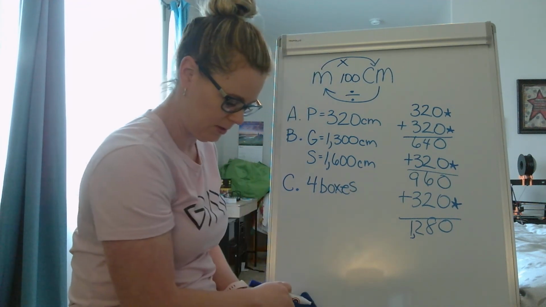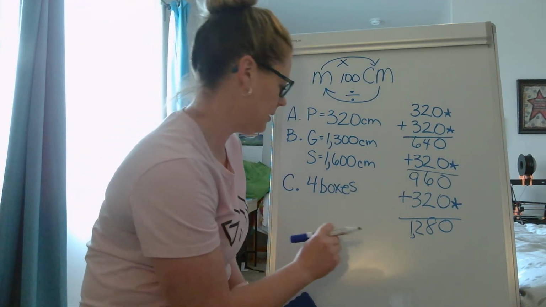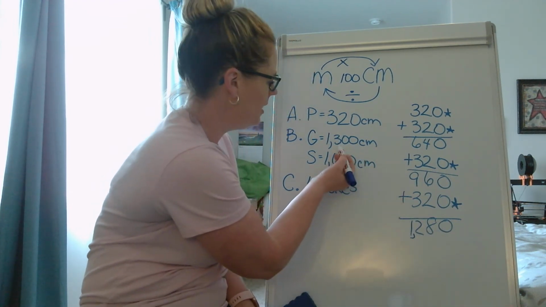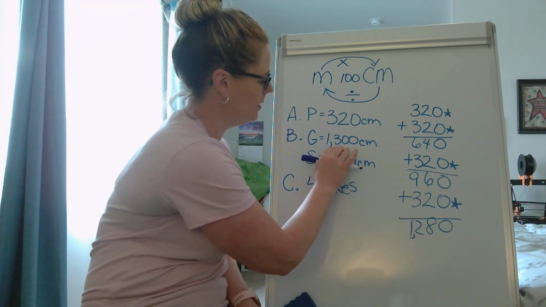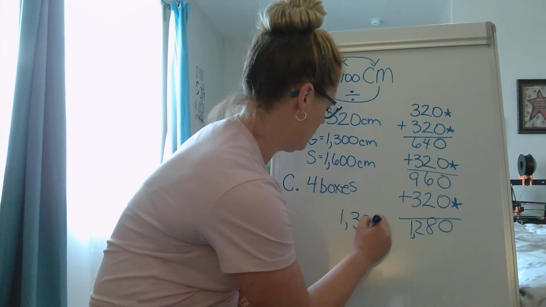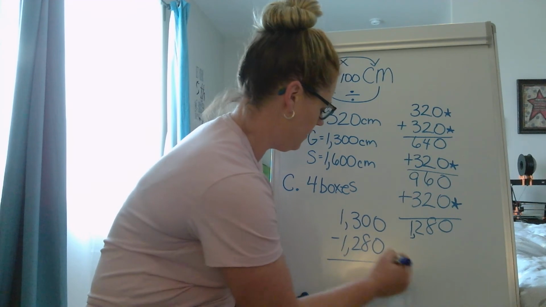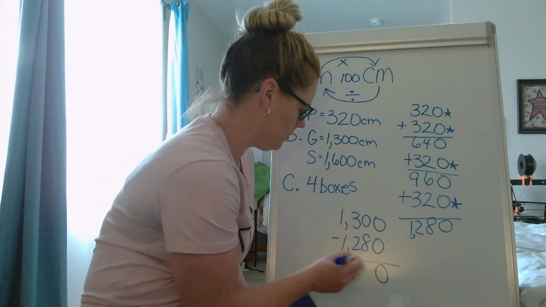In that first answer, how much gold ribbon in centimeters is left? So 1,280. So we would subtract this from this. 1,300 take away 1,280. Some of you can just do that in your head. 0 take away 0.